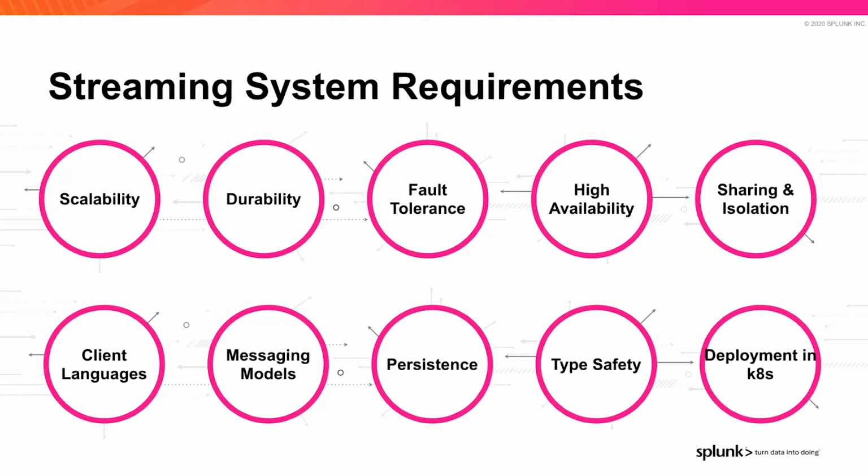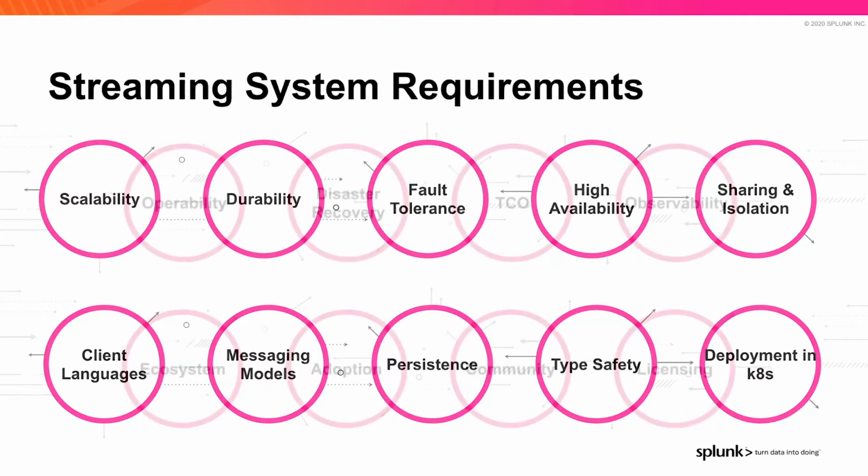What type of client languages are available to interact with, and what type of messaging models, like streaming versus queuing, and what type of persistence it provides. Then how to ensure type safety in the clients, so that everything you write into the system can be enforced.